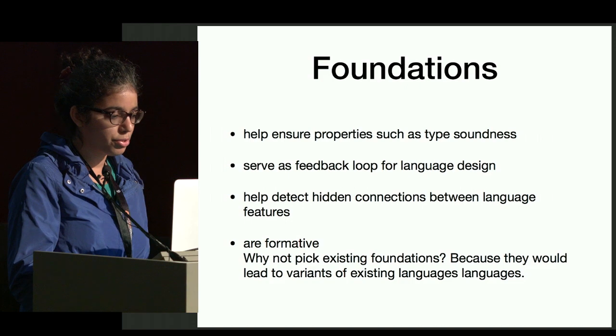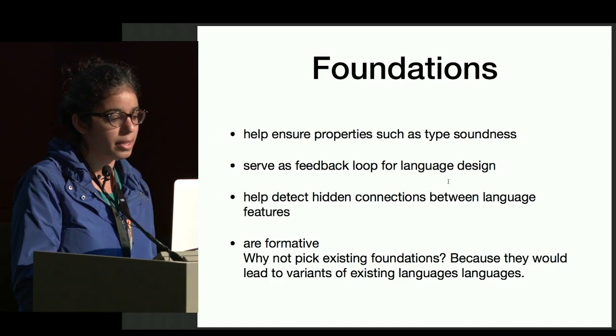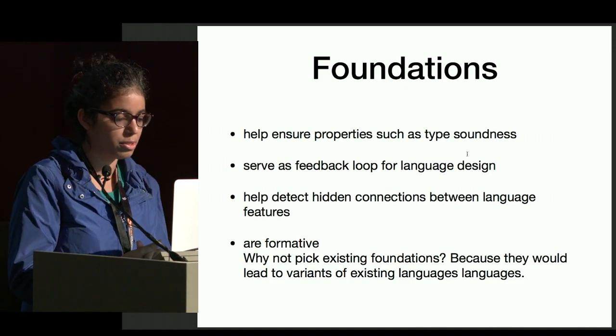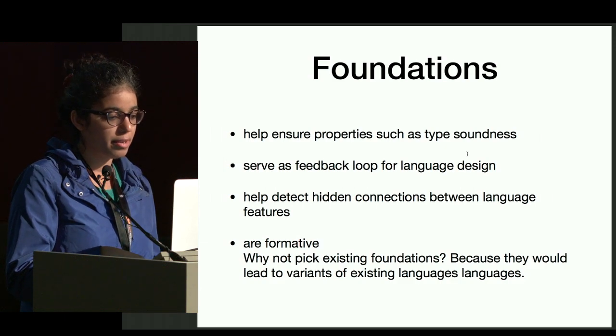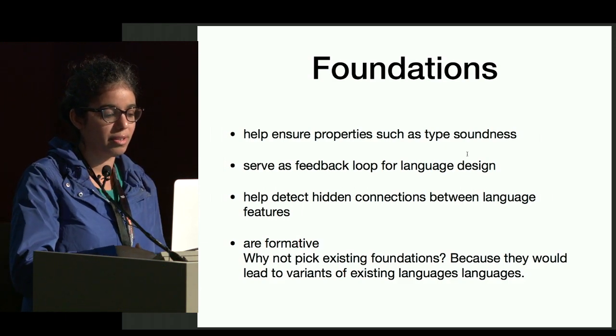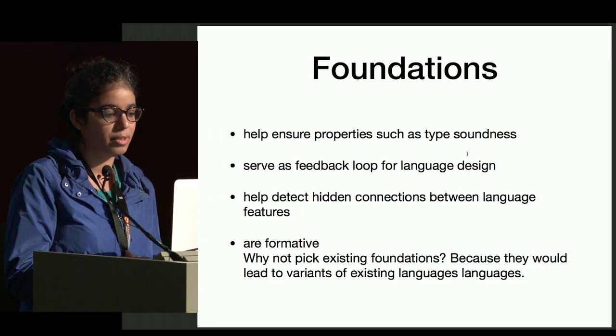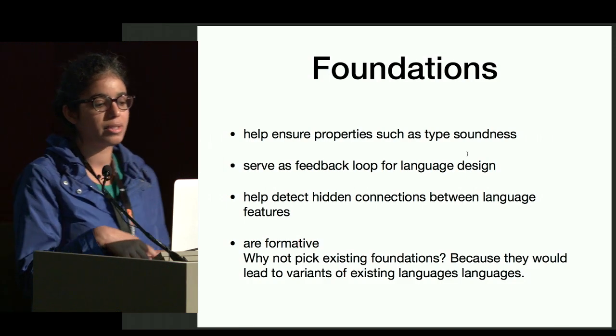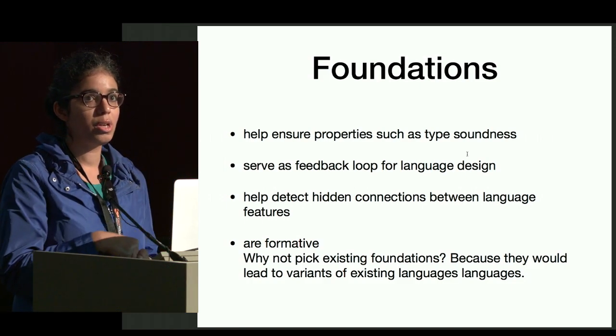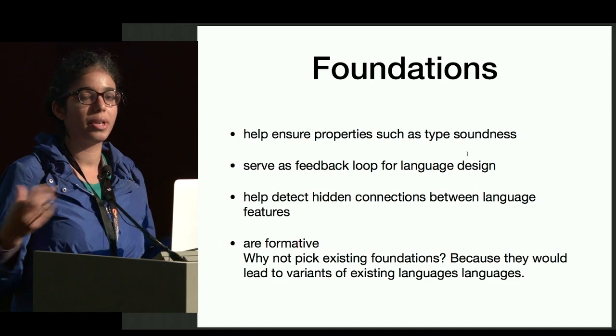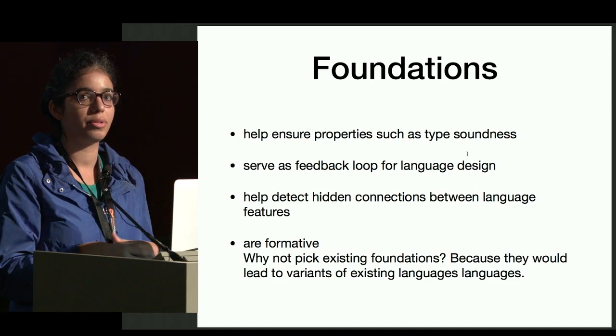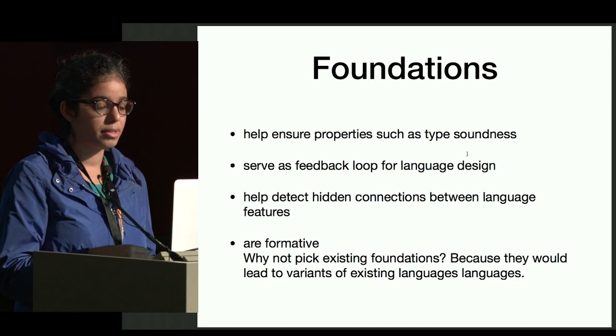I will also show an example where it helps in detecting hidden connections between language features. And finally, it's a formative thing to do, which is why we don't necessarily want to pick an existing foundation, but, inspired by what is currently in Scala, try to work out a core type system that is useful.